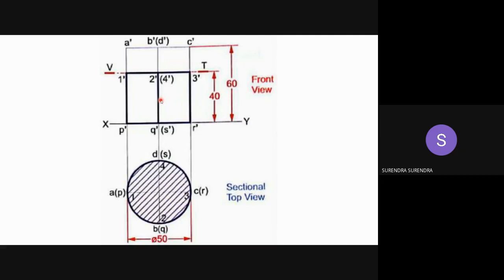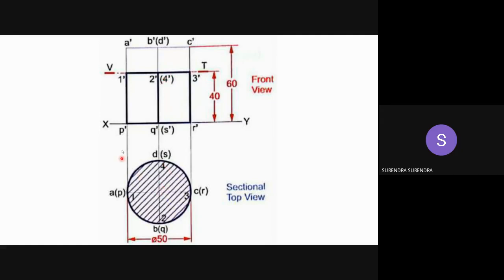Unlike a pyramid, you are not getting a different shape. Only the height is reduced. So the section plane is cutting the edges A dash P dash at 1 dash, B dash Q dash at 2 dash, R dash C dash at 3 dash, and S dash D dash at 4 dash.